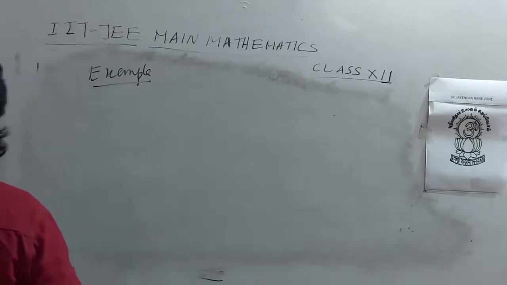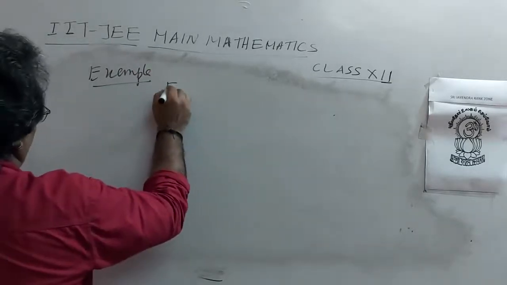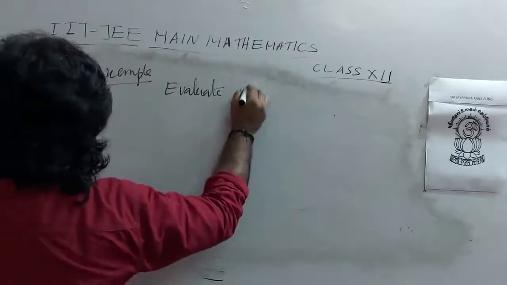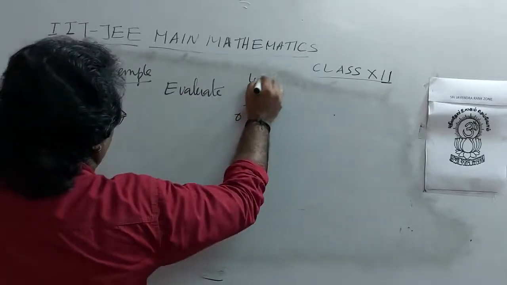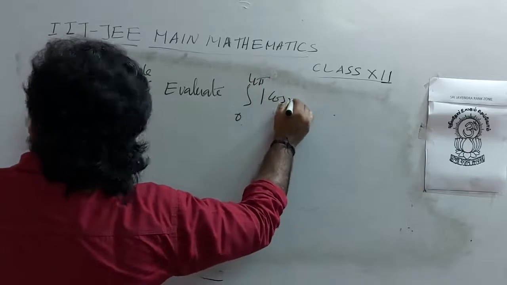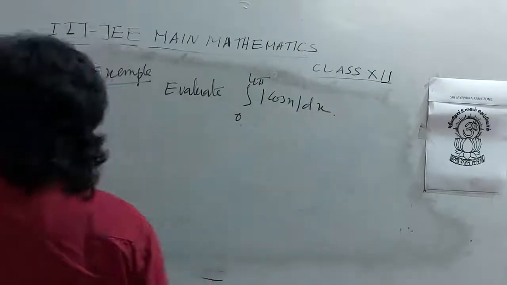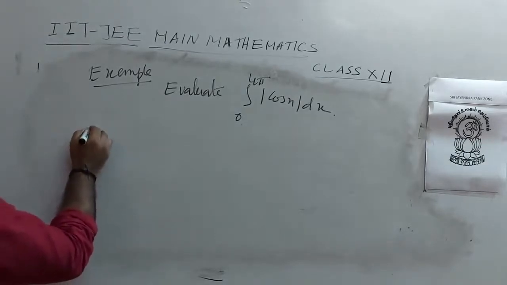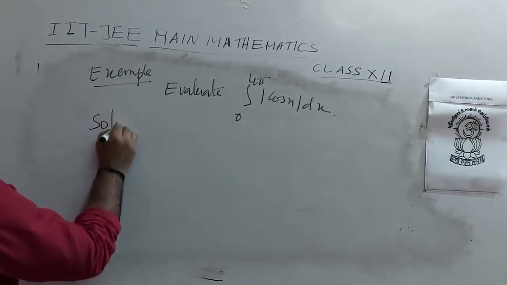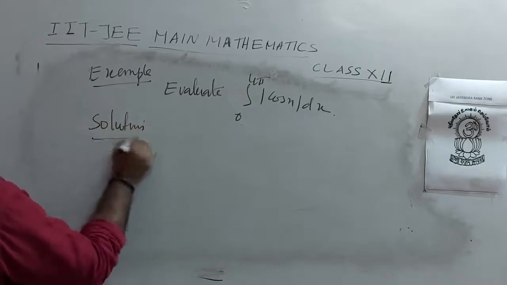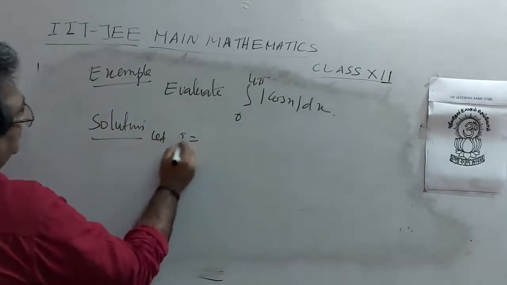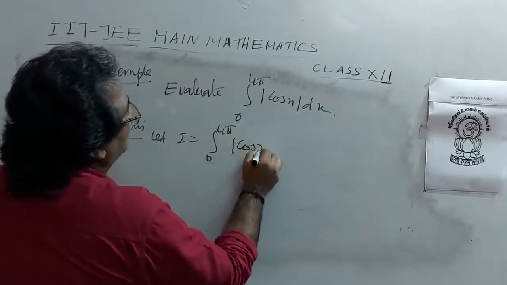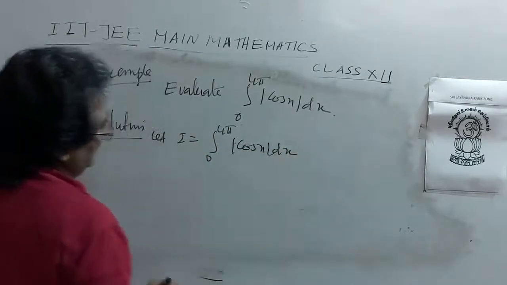Example: evaluate integral 0 to 4 pi of modulus cos x dx. Solution: let I equal integral 0 to 4 pi modulus cos x dx.